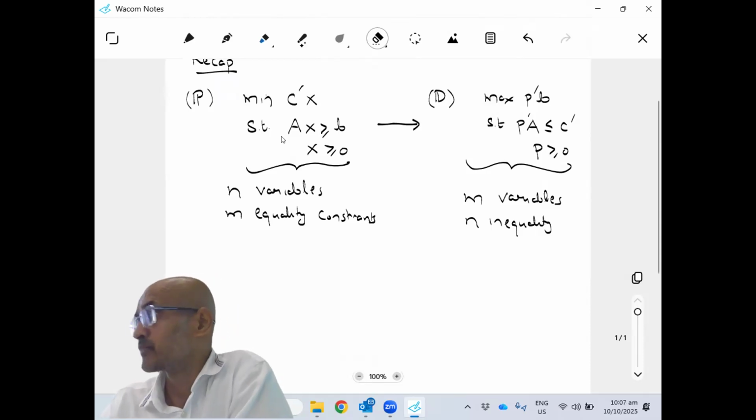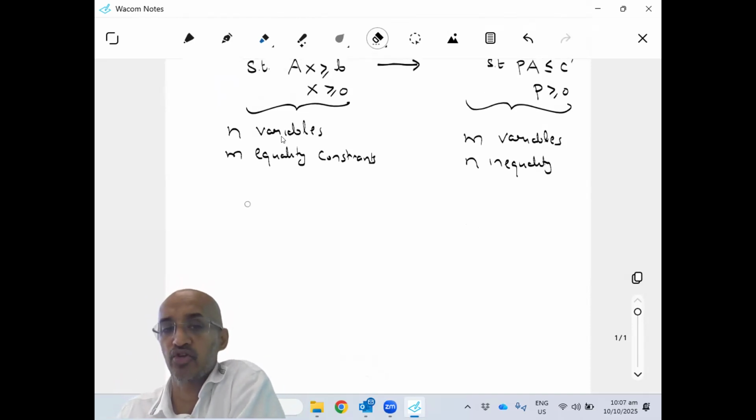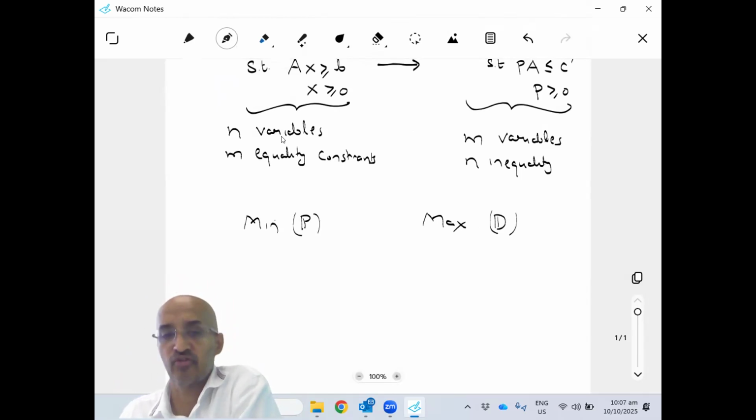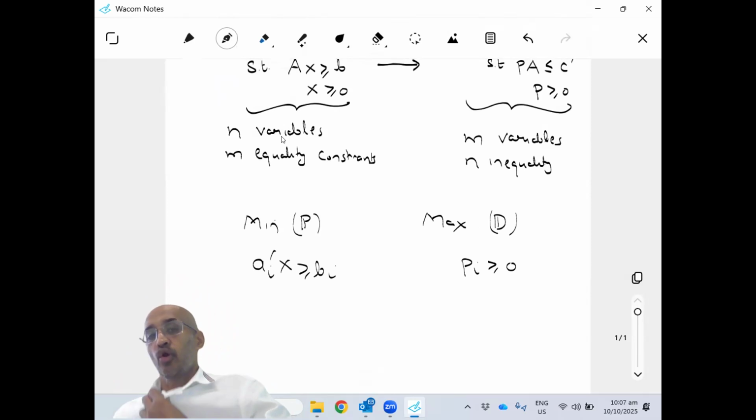I gave you a table. The table tells you how to go from one form to another form. When you have a minimization problem, and if you have a maximization problem for primal and dual, if these constraints were greater than equal to constraints in the primal for a minimization problem, my dual variables will be non-negative, like in this form.